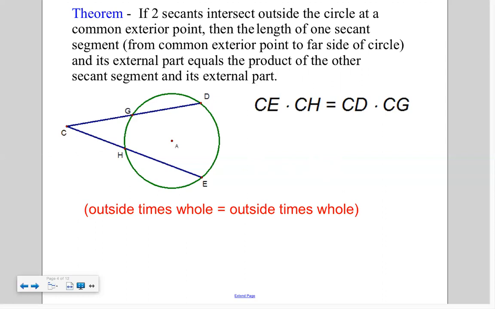So you're still getting a product of two lengths, but it's not the two smaller lengths that you're multiplying together. You're multiplying the outside segment times the whole segment for each part that makes up the angle that intersects outside the circle.